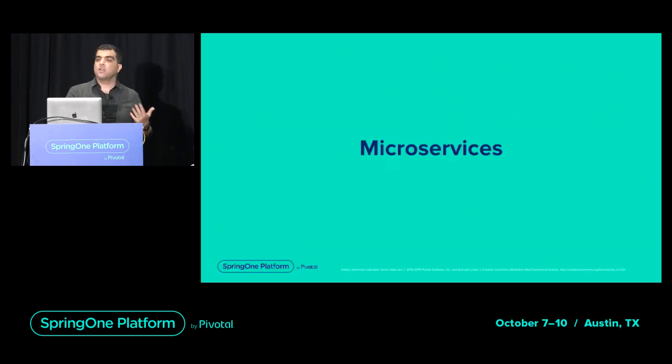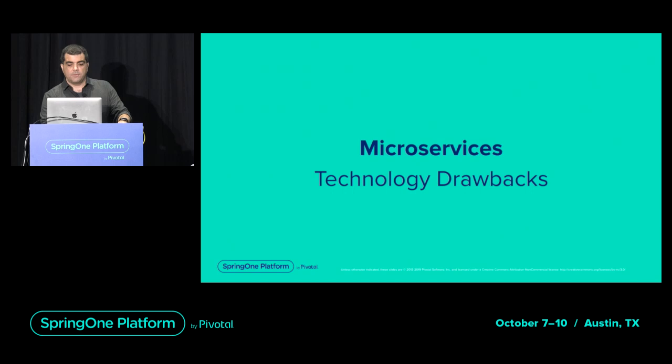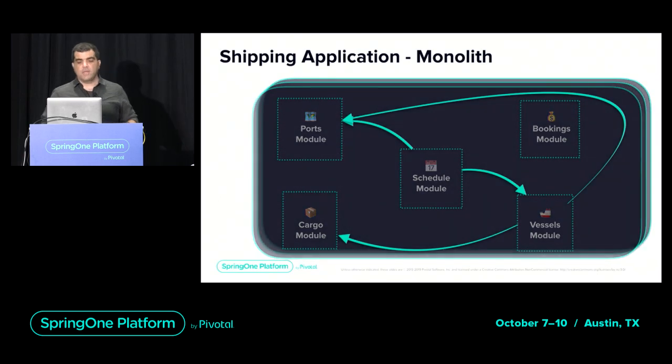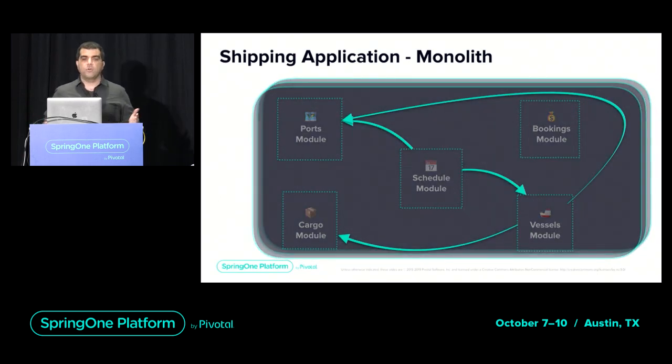Now let's look at some of them. So what are those technology drawbacks that you have when you work in the microservices architecture? Well, if we go back to the monolith again, these lines that we see here in this diagram, well, these are just in-memory function calls, right? And these are great. They're great because they always work, okay?